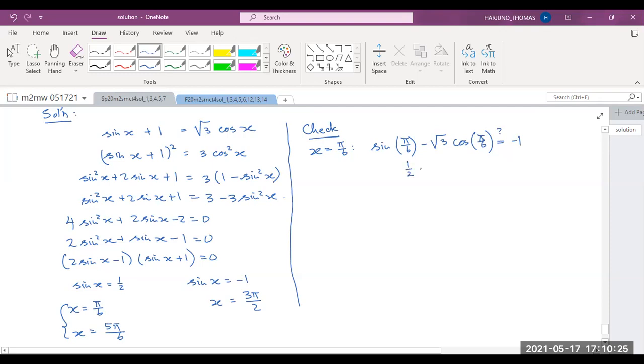This is 1/2 minus radical 3 times radical 3 over 2. Is it equal to -1? Huh? That's true though. Hold on.